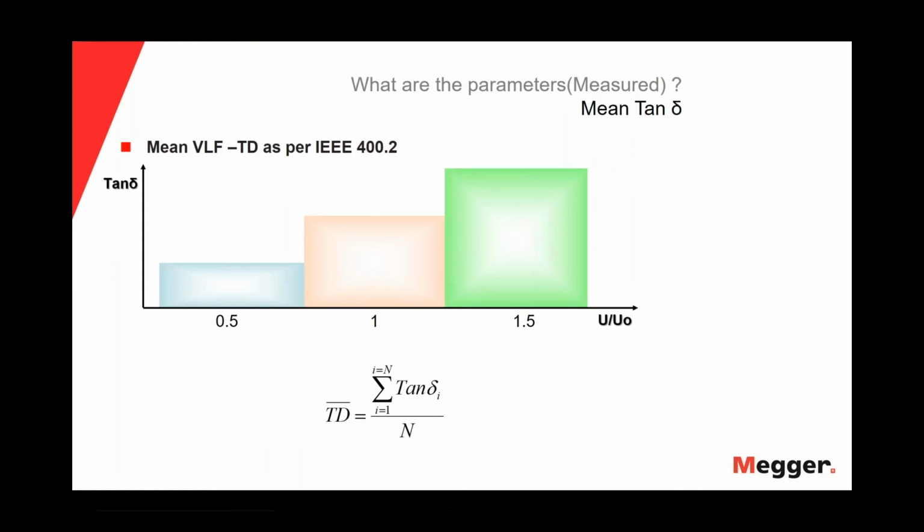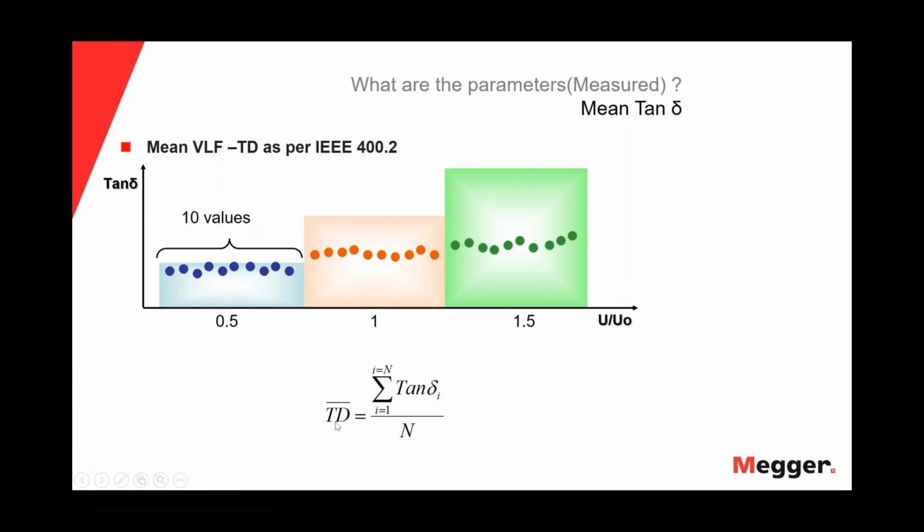So, what parameters will we measure? The first one is the mean VLF tan delta, or the mean value of the tan delta. As we can see in the equation, the mean value of the tan delta is the summation of all the individual tan delta values divided by the number of values, in this case 30.